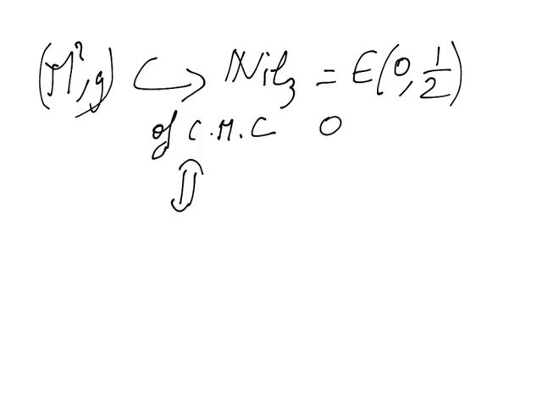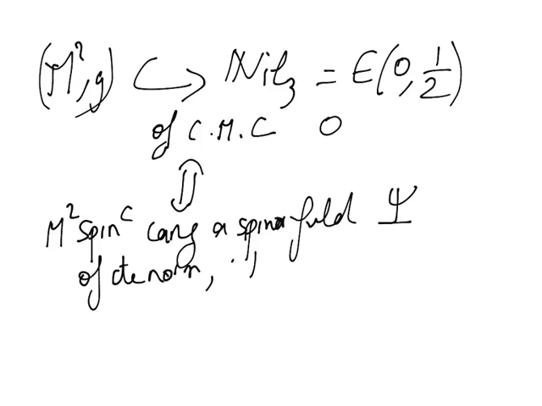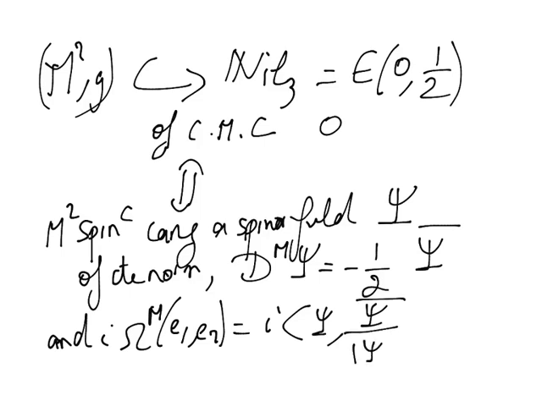This is spinorially equivalent to M2 being spin-C carrying a spinor field, call it psi, of constant norm, satisfying the Dirac equation D_M psi equals minus half psi bar after replacing kappa by 0 and tau by half, and the connection on the auxiliary line bundle is given by i psi bar over norm of psi squared.